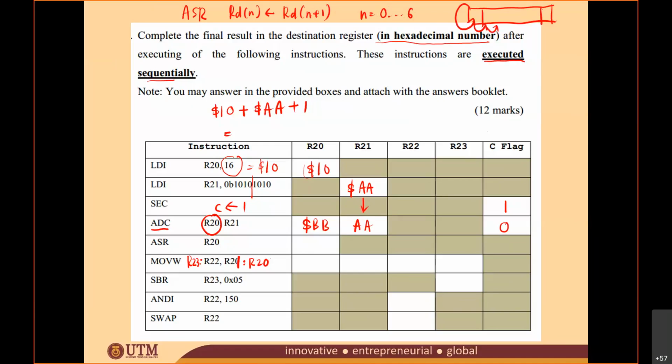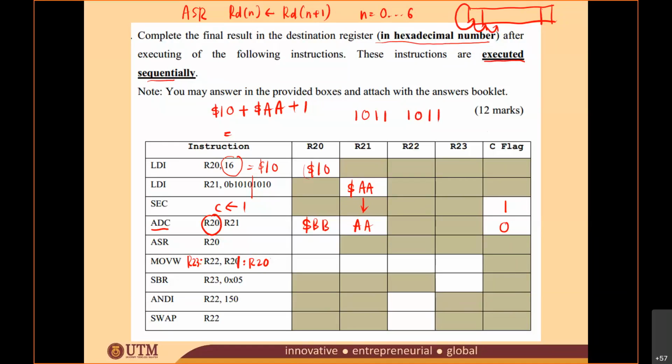So this is what the ASR does. Now what is your R20? R20 is BB. BB converted to a binary number is actually 1, 0, 1, 1, 1, 0, 1, 1. Right? If you convert to binary number.